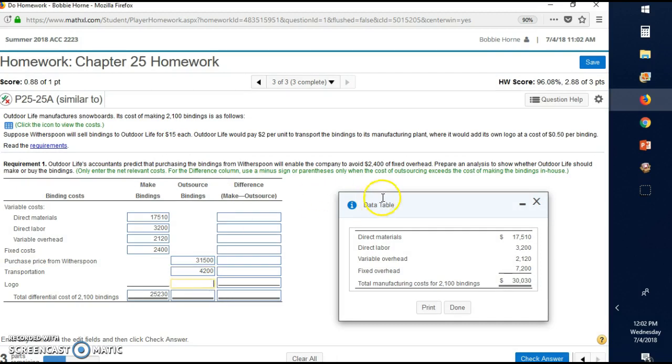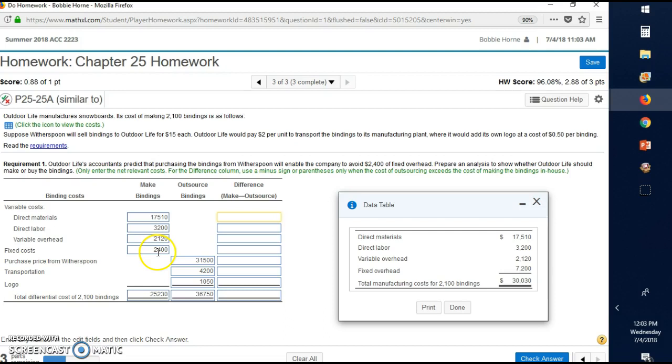And then the logo would be 50 cents per binding. So 0.50 times 2,100 would be 1,050. So the total cost to outsource the bindings is $36,750.